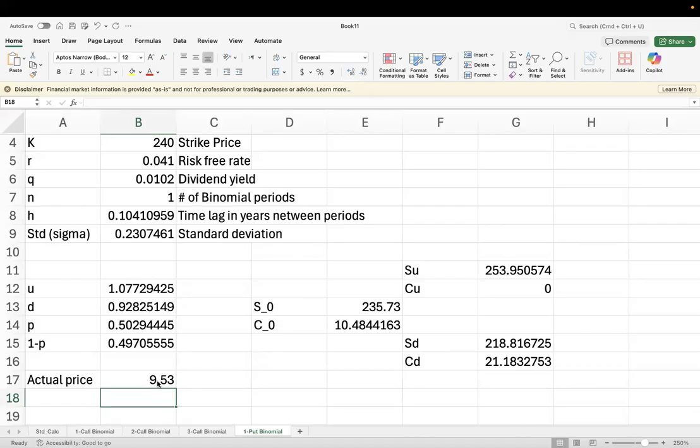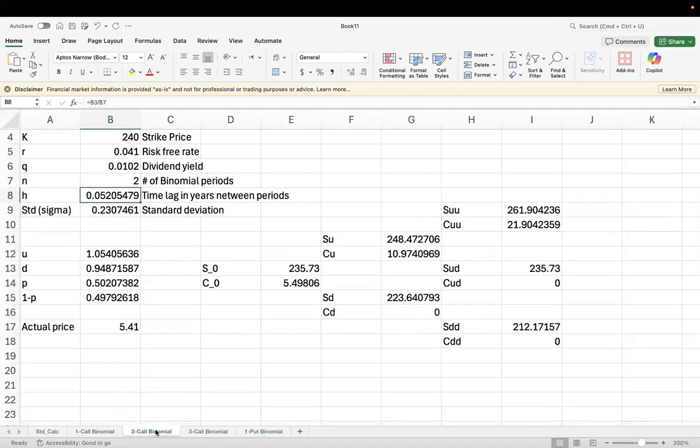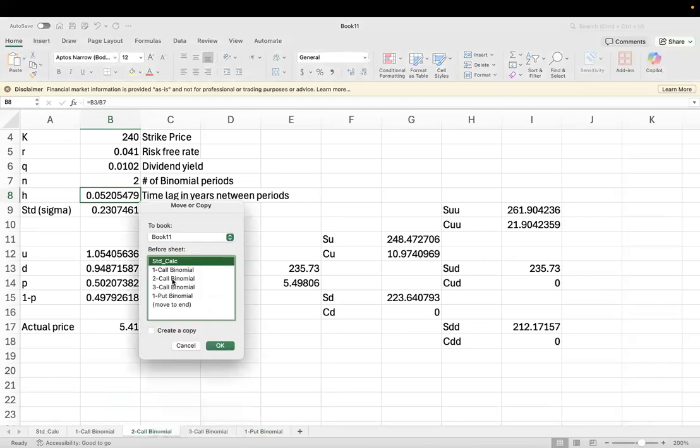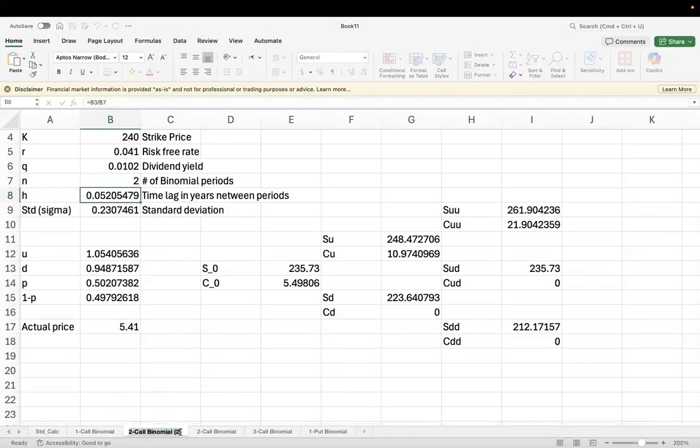Let's see how we can do the rest of them. So here I'm gonna do this. Let's get the call here. Move or copy, to call binomial, create copy. I'm gonna copy this and say to put binomial. And then here, let's change the formula here.